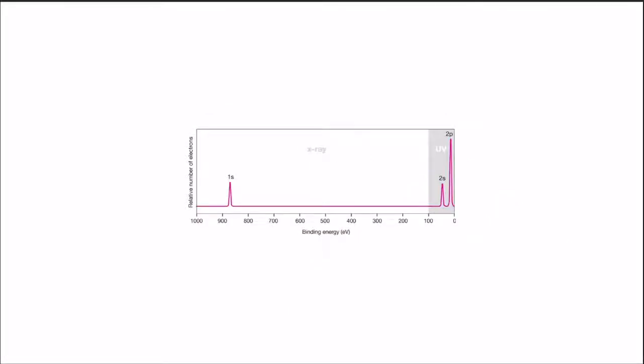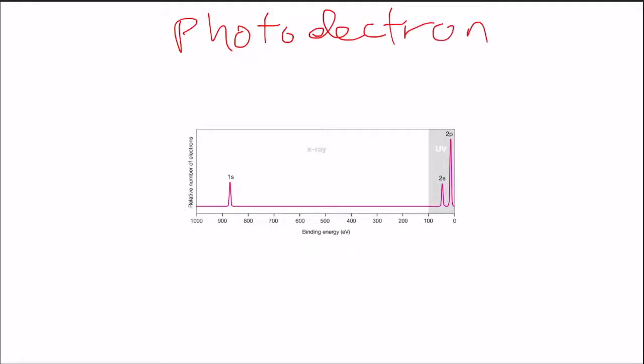Now, when we talk about the energy levels, how do we know what is the truth? How are these energy levels really arranged? Well, we use photoelectron spectroscopy.